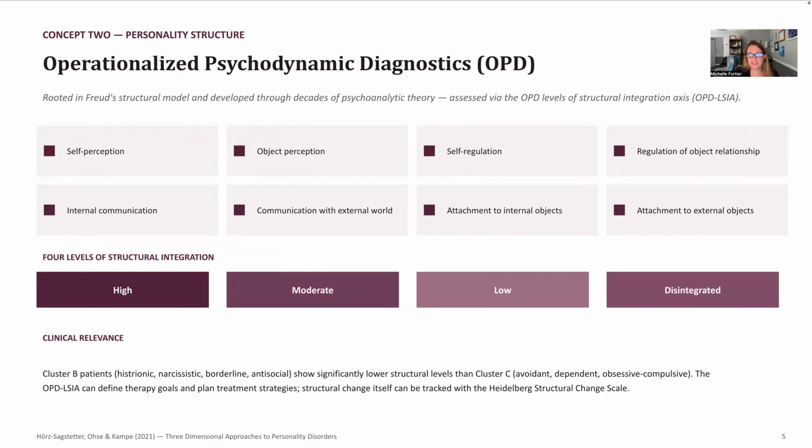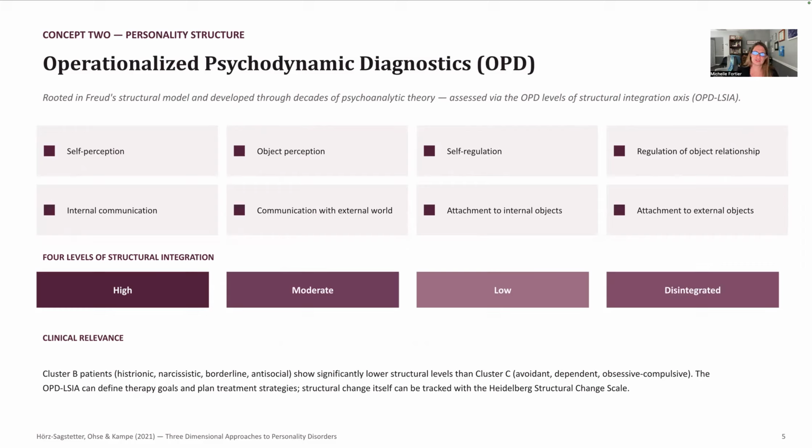And speaking of psychodynamic diagnostics, rooted in Freud's structural model and developed through decades of psychoanalytic theory, assessed via the OPD levels of structural integration axis. So they have these 8 different ones: self-perception, internal communication, object perception, communication with the external world, self-regulation, attachment to internal objects, regulation of object relationship, and attachment to external objects.